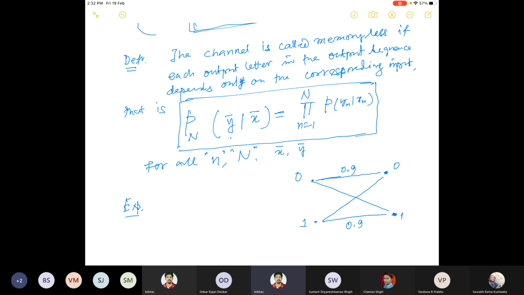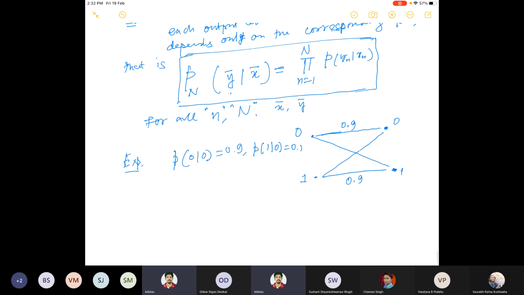So probability of 0 given 0 is 0.9, and probability of 1 given 0 is 0.1. This is the definition of the channel. Probability of 0 when 1 is sent is 0.1, and probability of 1 given 1 equals 0.9.